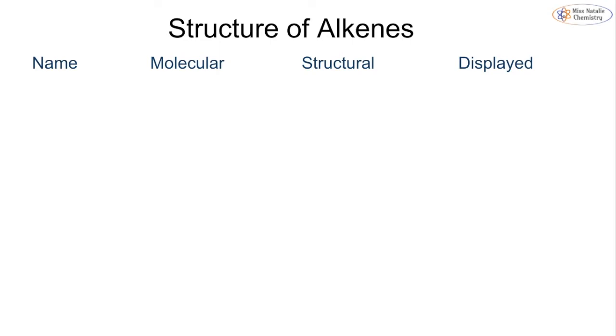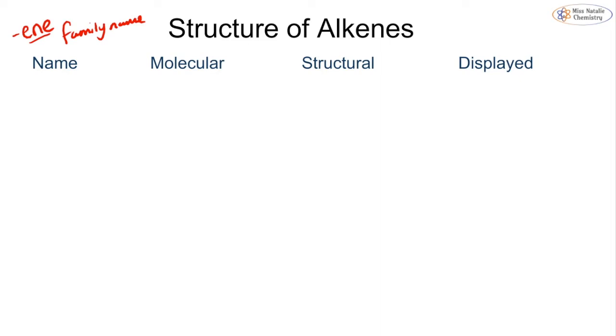And if you remember when we discussed the alkanes, we said that you should think of the name as a first name and a family name. And the alkanes all ended with ane. The alkenes are very much the same, however, they will all end in ene. And this will be the family name or the surname. And the first part of the name will tell you how many carbons are present.